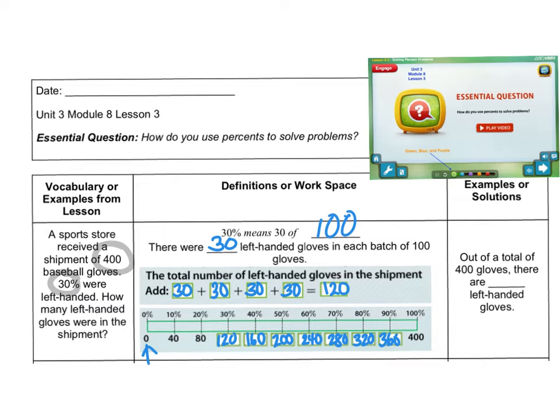We can see what number correlates with each percent using this bar model. Our question was, how many are left-handed if 30% are left-handed? And we can see that right here. Out of a total of 400 gloves, there are 120 left-handed gloves.